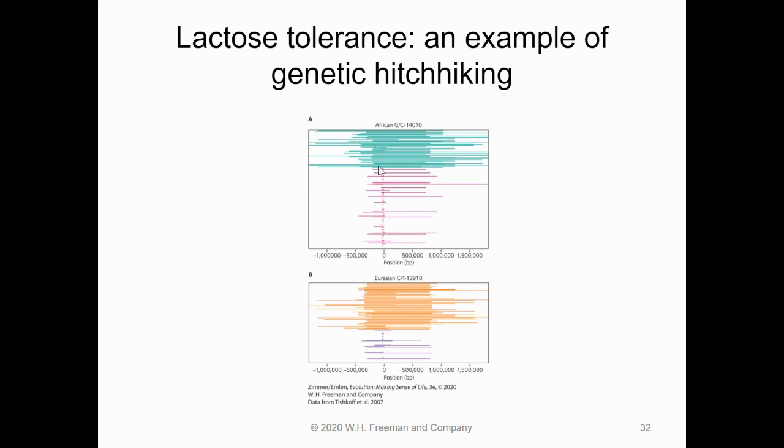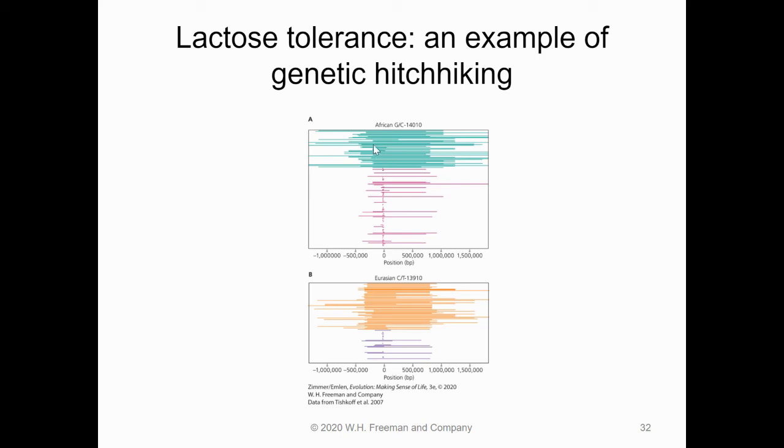When we look at this green region, that means all of these individuals share this original green region. Whereas when you look at the pinks, you can see that they share very little.